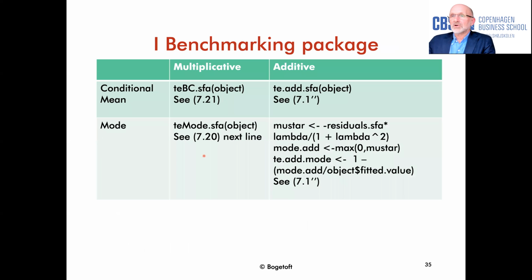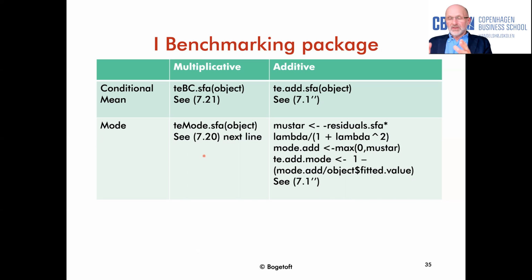Just to close, I want to say a little bit about how you do all these things in the benchmarking package. Well, there's an SFA code, which I haven't mentioned here because that's straightforward. It's called SFA, and then you say input and output. And if you want to do a logarithmic transform, you just write log x, log y.